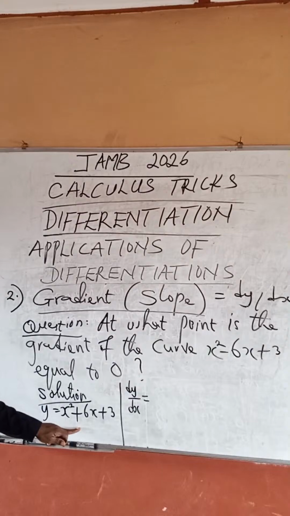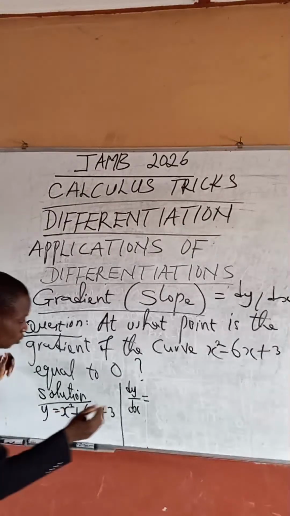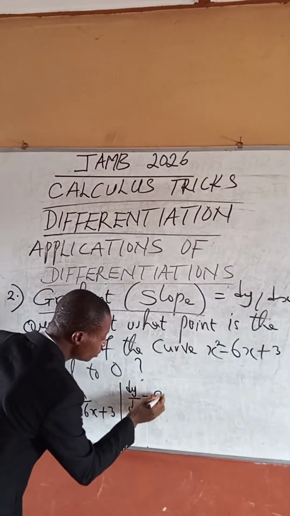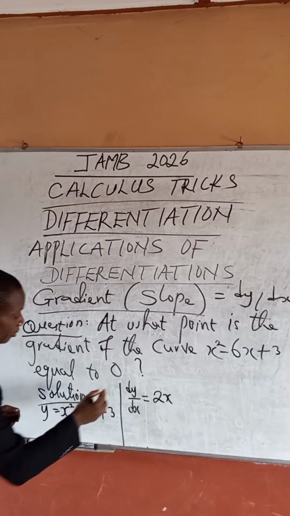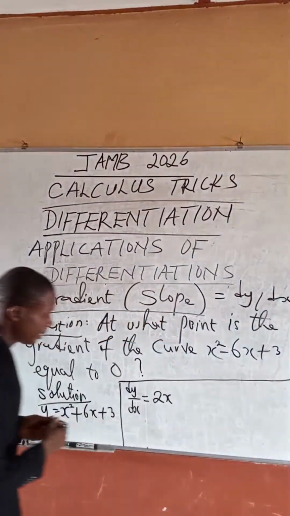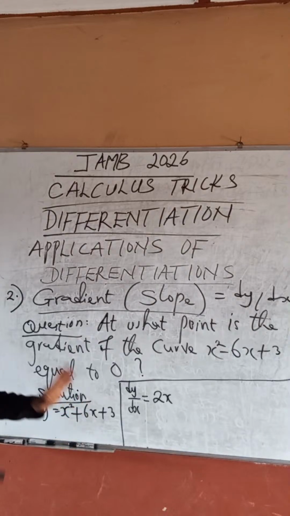Differentiate x squared: the 2 will come down and it becomes 2x. So we write 2x right here. Then continue, differentiate 6x. When you differentiate 6x, it becomes 6. The x will disappear. I've explained it in the previous examples.